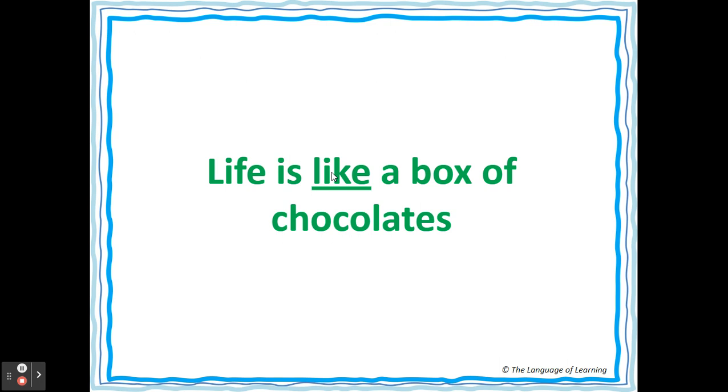So life is kind of the same way. You don't ever know what's going to happen. And so they're making a comparison with life and a box of chocolates, in order to make a point about life. And so, since they're using the word like, this is an example of a simile.